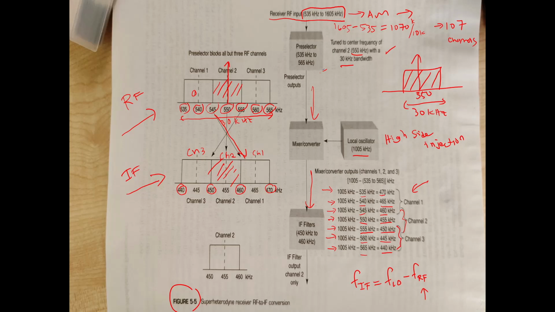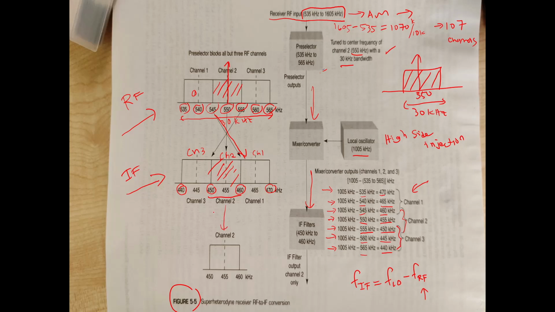The preselector has a 30 kilohertz bandwidth. Now the IF bandwidth needs to be 10 kilohertz. Since I want to select channel 2, the band pass filter must have a frequency range from 450 until 460.